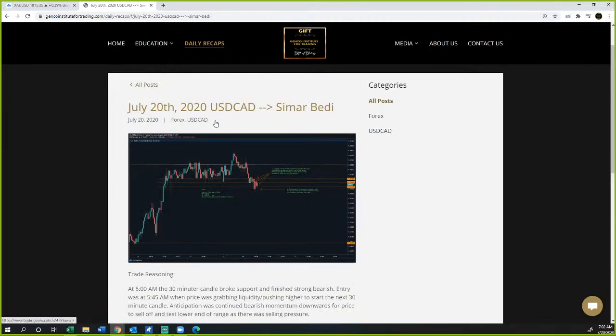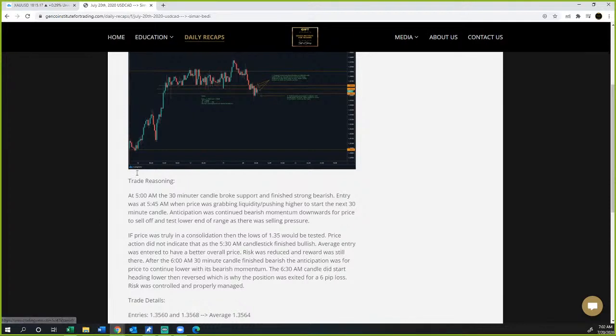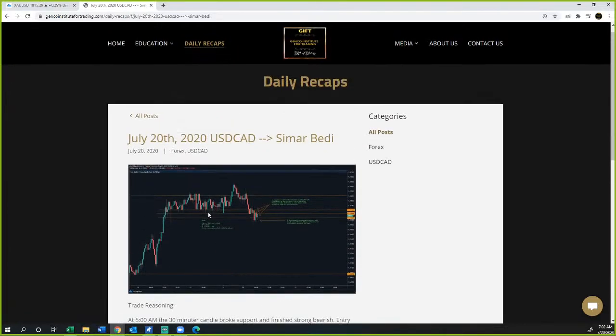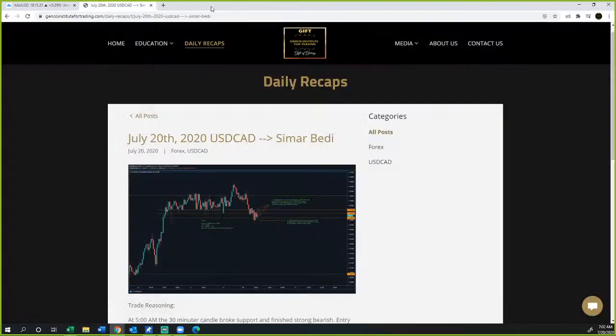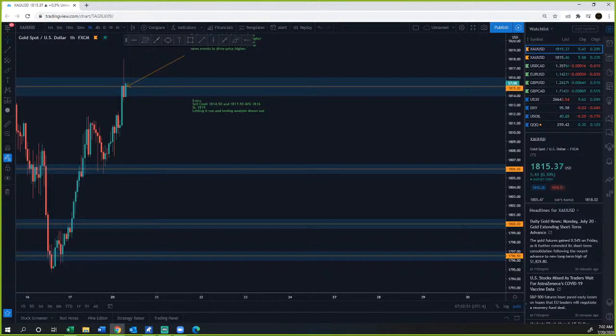My trade was based off the 30, so that's why I only have 30 minutes. It's basically the same chart, just 5 minutes, 15, 30, and 1 hour, with the writing the same. I'm not gonna add anything new.